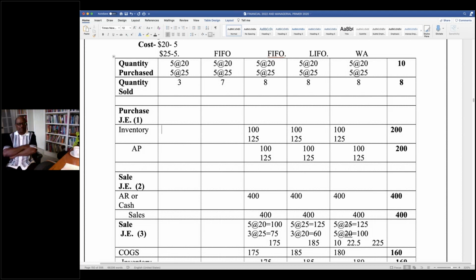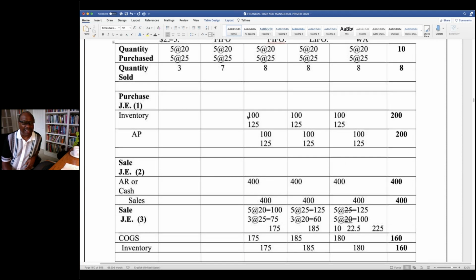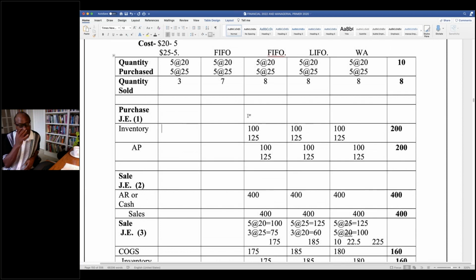Did we sell those 3? So we purchased 10, we sold 3.